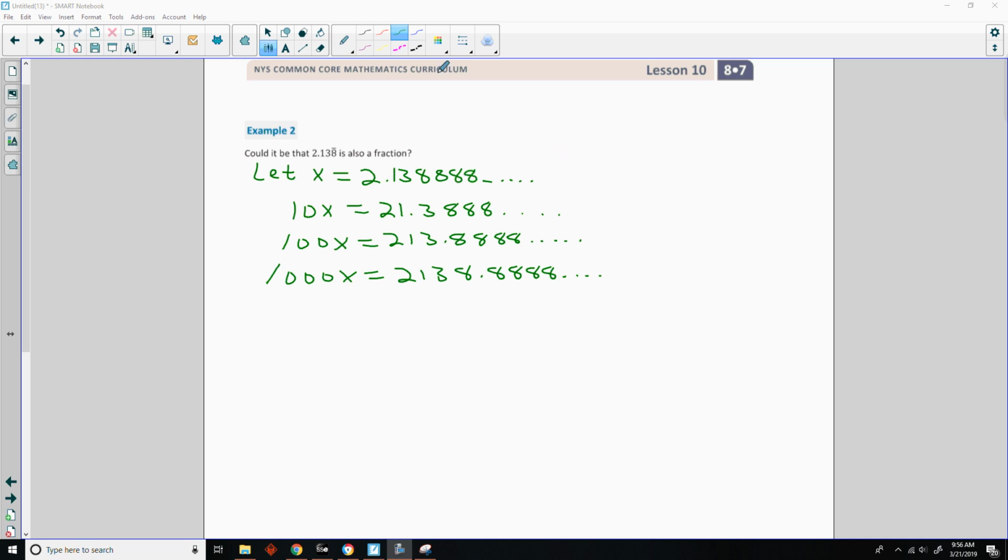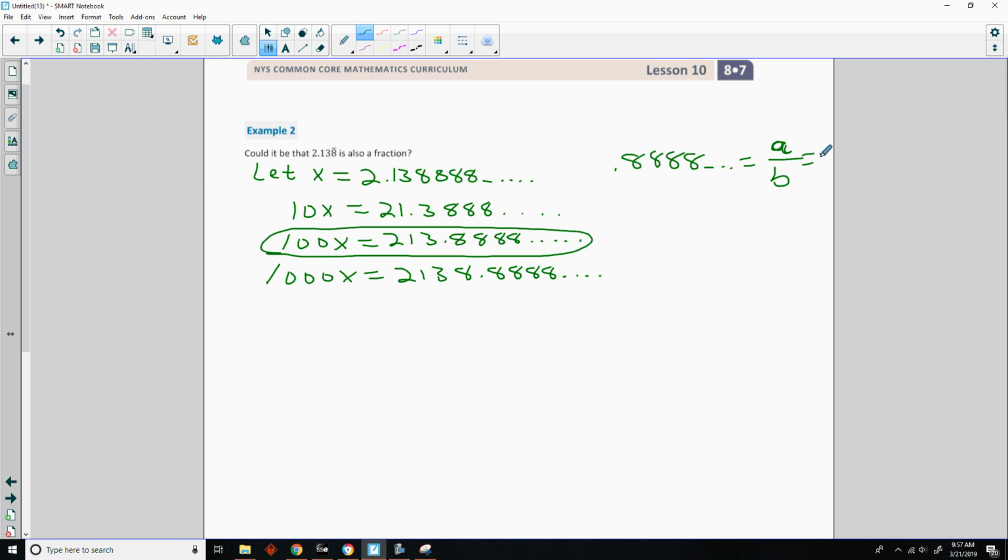Okay, so if we move it over to just the repeating decimal being the fraction that we're trying to find, if we know that 0.88 repeating equals some fraction a over b, we don't know the numerator or the denominator, but we know it's some fraction a over b, then we can use this equation right here, and let's call that y.